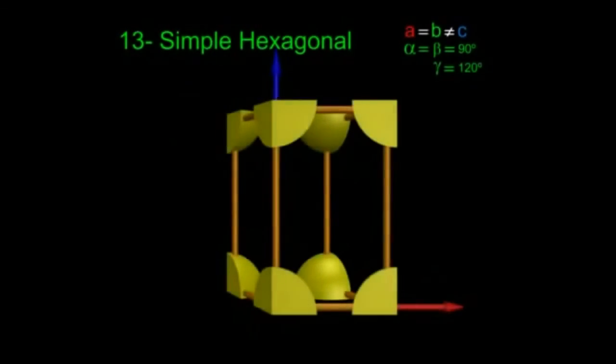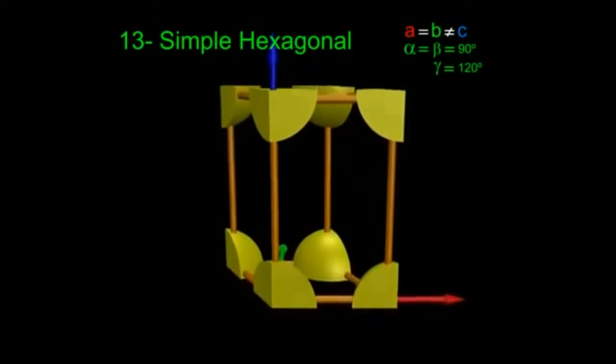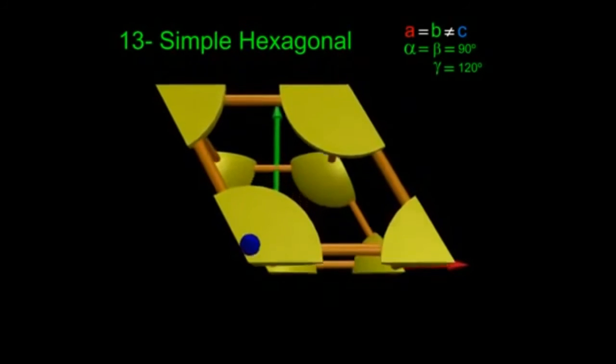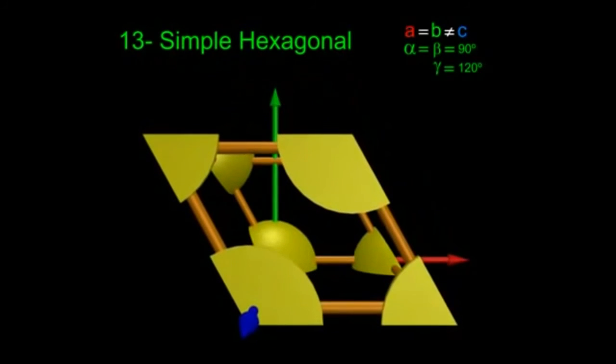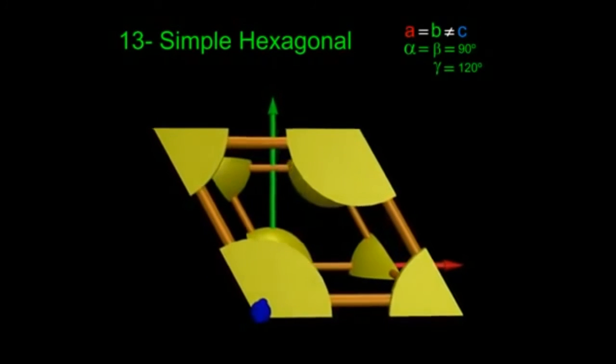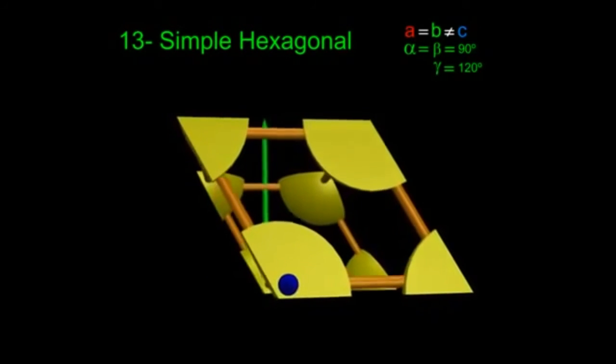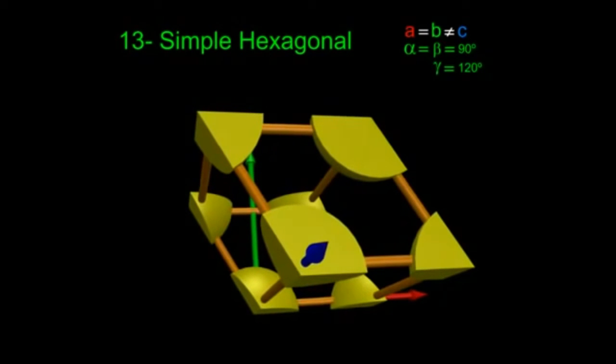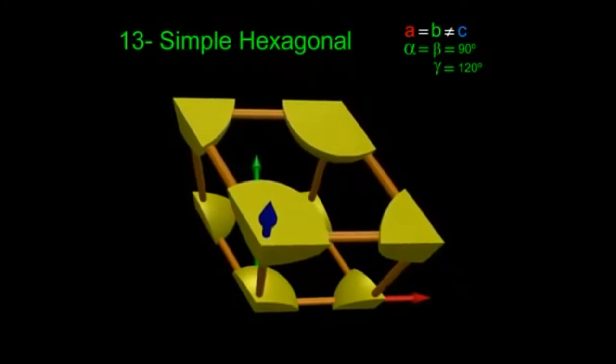The last one we are going to see in crystallography is the hexagonal crystal family, which is one of the 6 crystal families. In the hexagonal crystal family, the crystal is conventionally described by a right rhombic prism unit cell with 2 axes and an included angle of 120 degrees, which is gamma, and a height of C, where C can be different from A and perpendicular to the base axis.